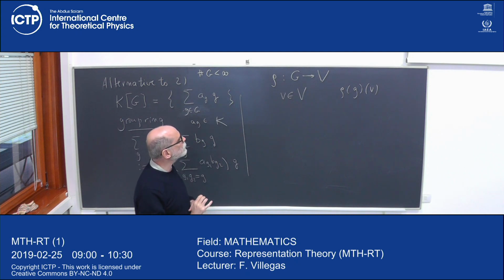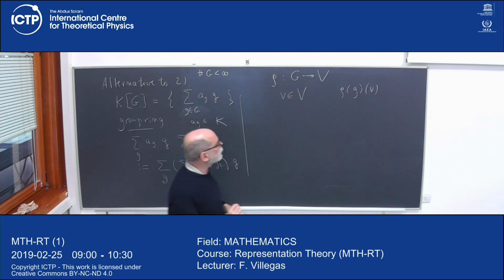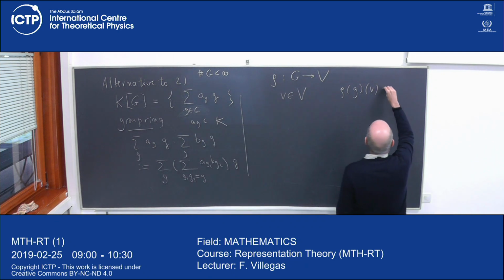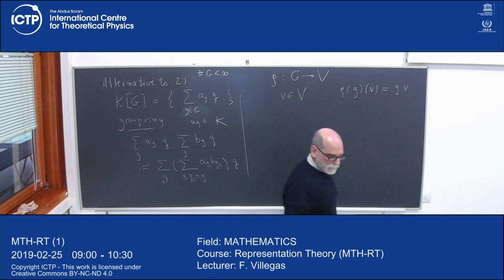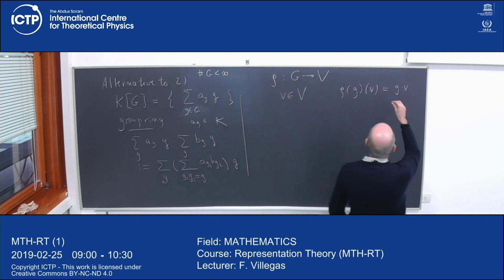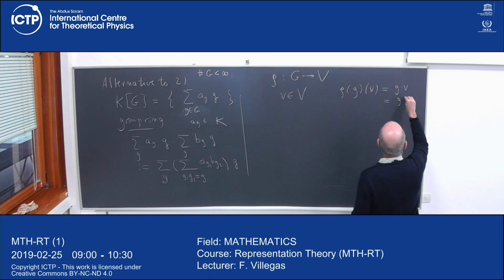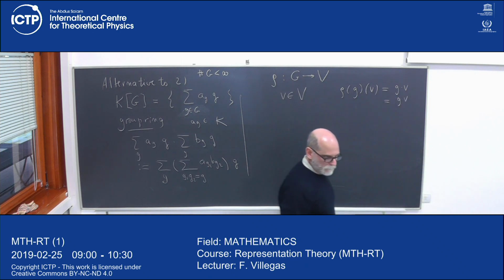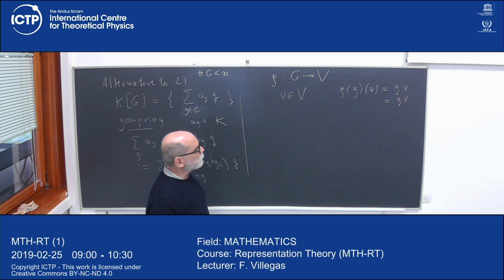Rho of G is some linear map from V to V. And the typical thing we'll do is abuse notation and write this as G dot v, where rho is understood, otherwise it becomes a big mess to keep track of all the letters and the parentheses. And we also even just say Gv.